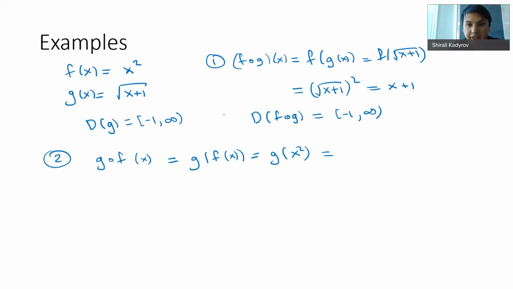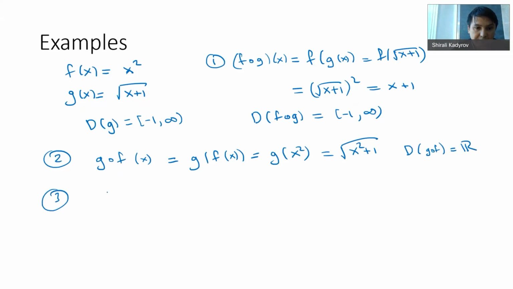So in place of x, now I have x squared. So I need to have square root of x squared plus 1. So that's my new function, right? And you can easily see that here the domain of this g of f is everything, all R.